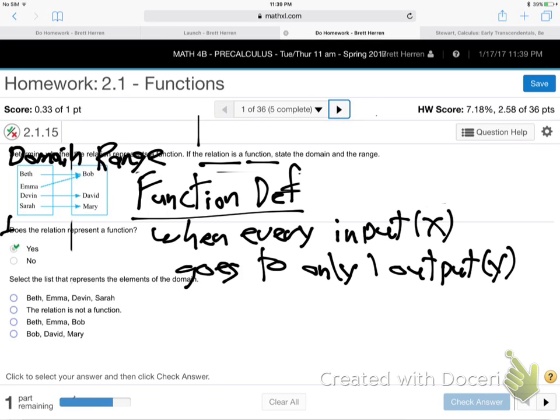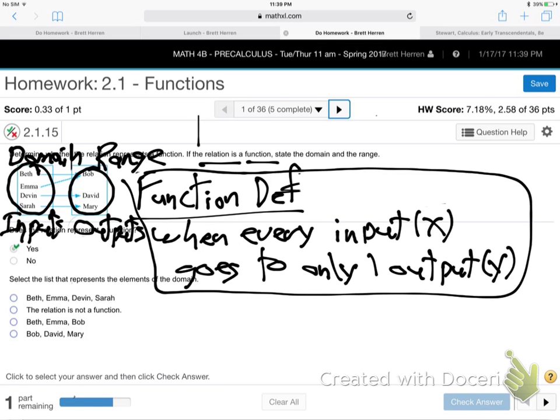This is also called the inputs, and this is the outputs. So the inputs or the domain is these guys, and the outputs or the range is these guys. All right, so here's the function definition.